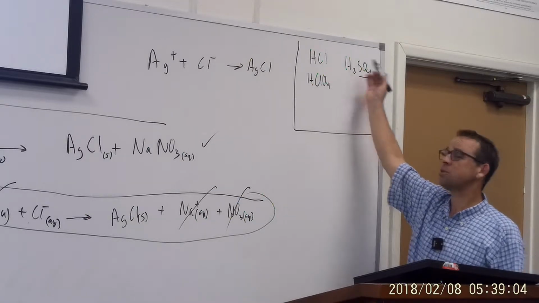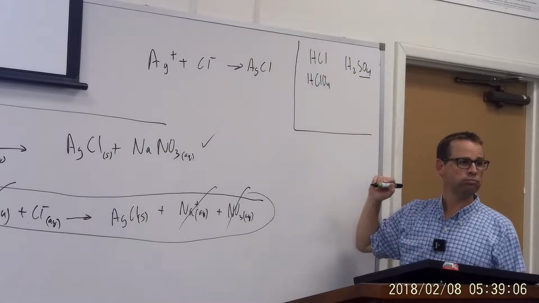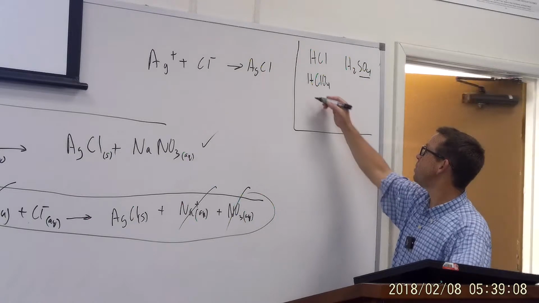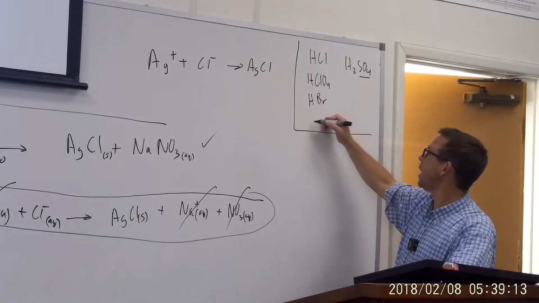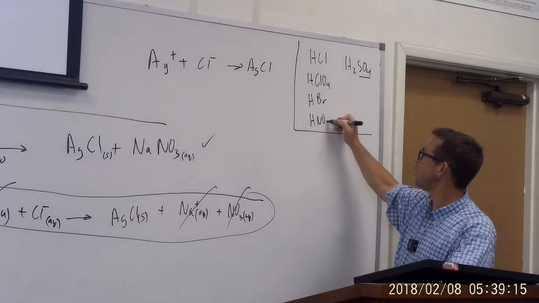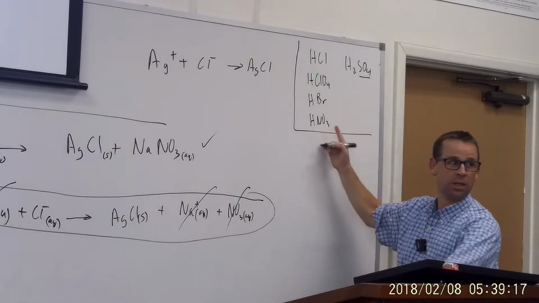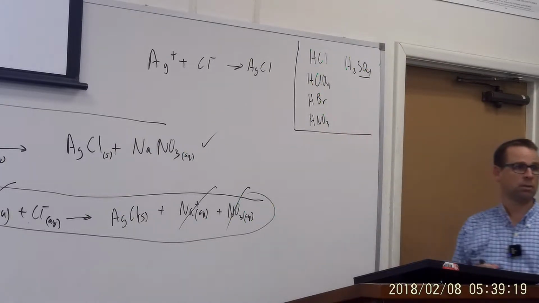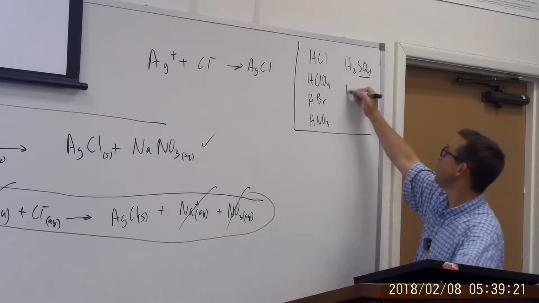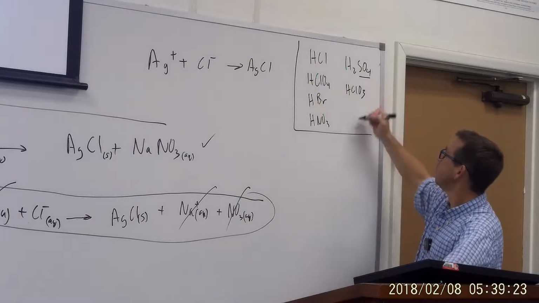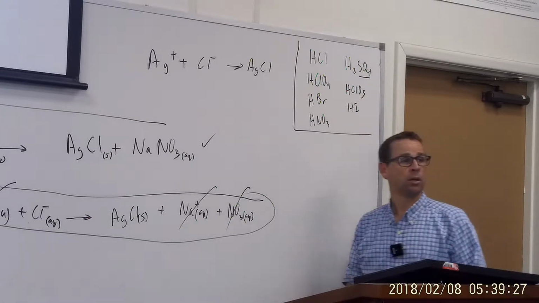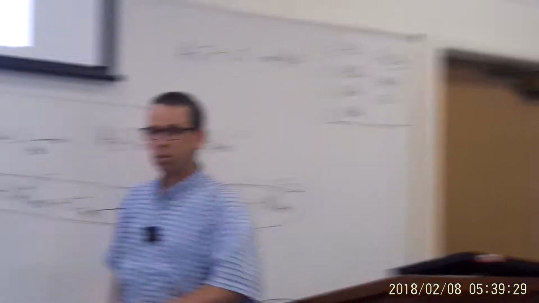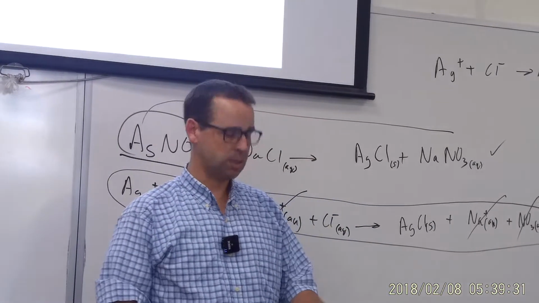Perchloric acid. Any other strong acids that you know? HBr. What else? Okay, nitric acid, HNO3, the nitrate ion, ate goes to ic, nitric acid. HClO3. What's HI? Hydro what? Hydroiodic acid.